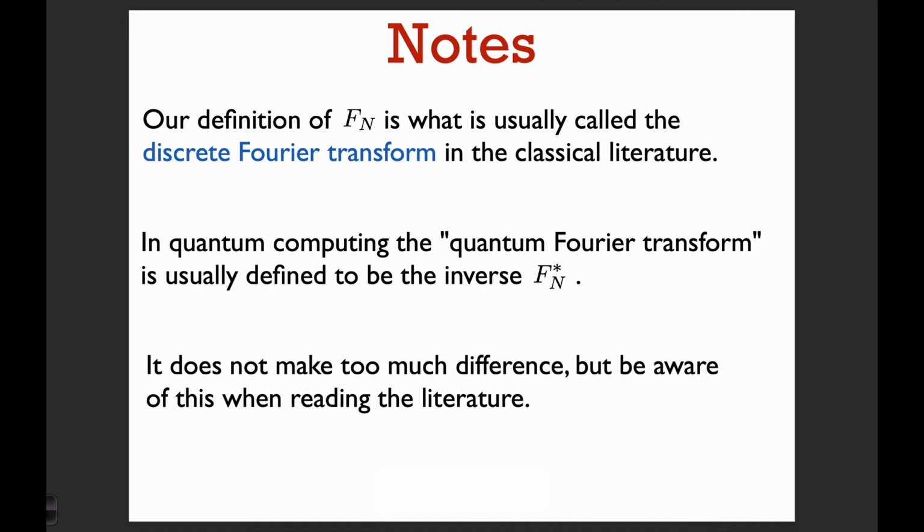So for some reason, in quantum computing, the quantum Fourier transform is usually defined to be the inverse of the Fourier transform in the classical literature. Okay, so it's a matrix that's taking you from the character basis to the standard basis. Okay, so it doesn't make too much of a difference, but that's just something to be aware of.